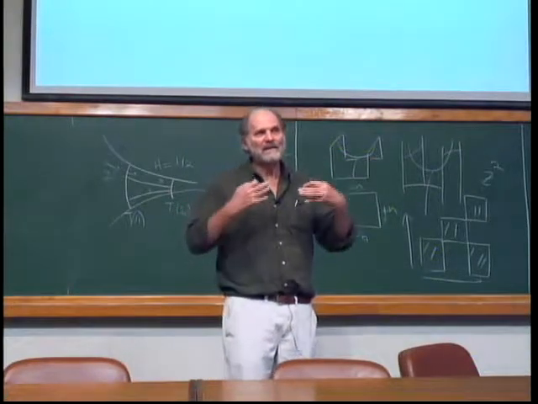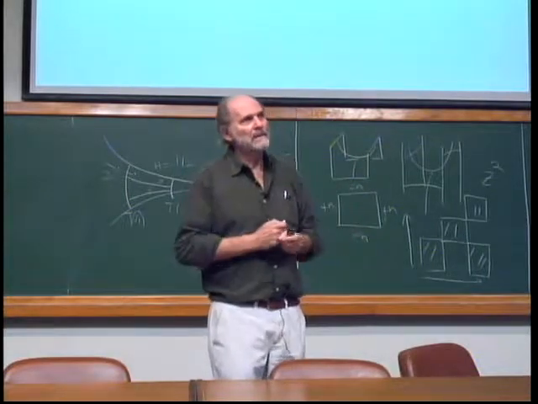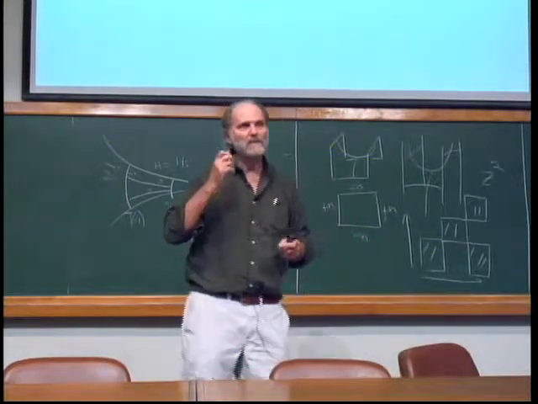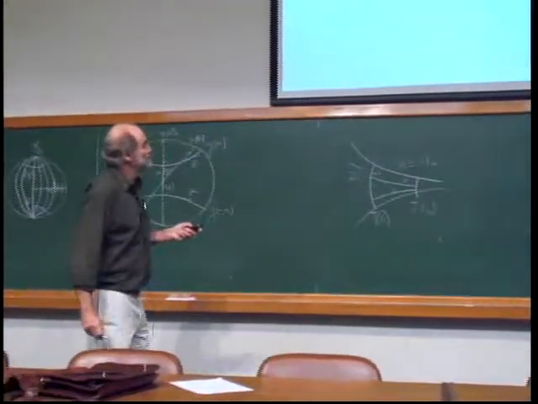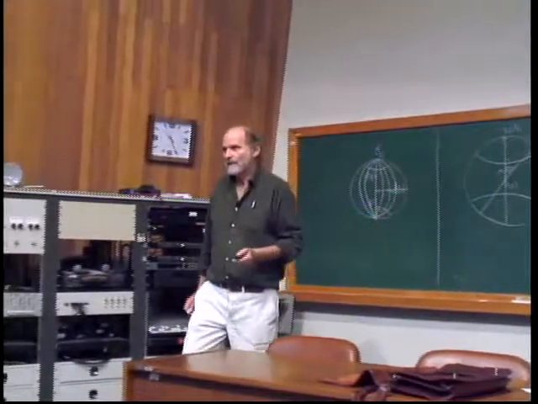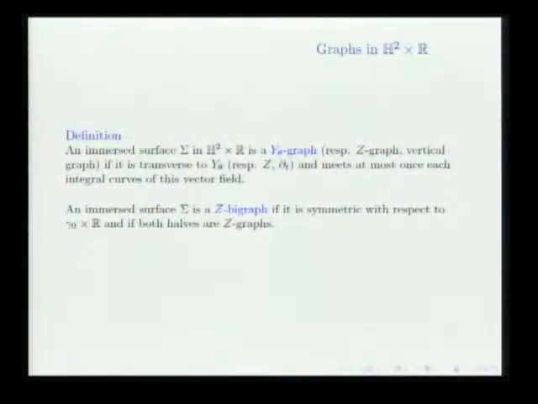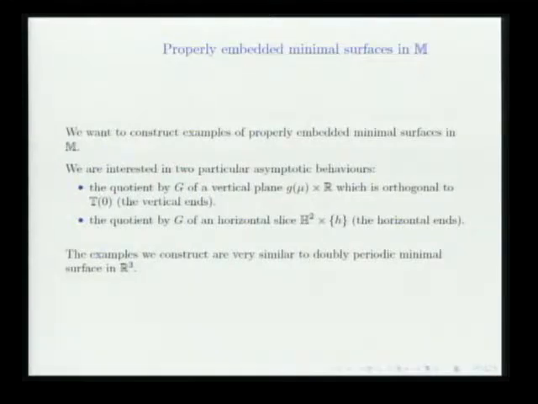So you can start varying the boundary values, and you have a unique way to continue the minimal surface. That's why it's important to talk about graphs with respect to Killing fields. And I already defined what a bigraph was, so we don't need that. And a vertical bigraph, well, that's clear. It's a graph over a horizontal H2. Okay. So I want to construct examples that are interesting.